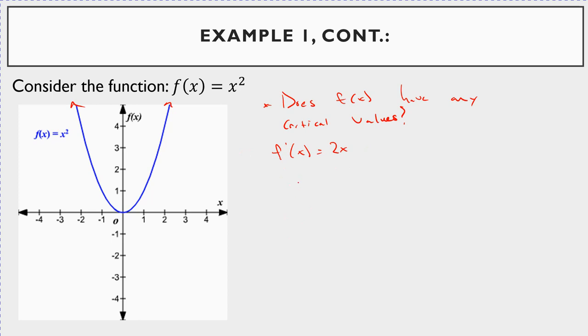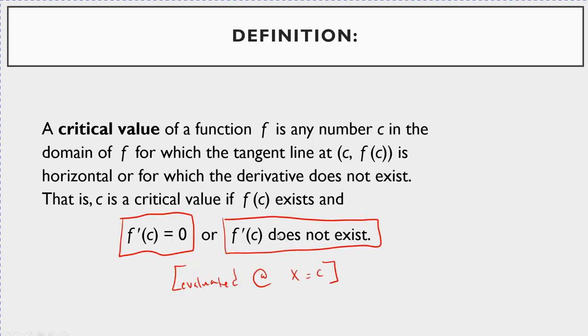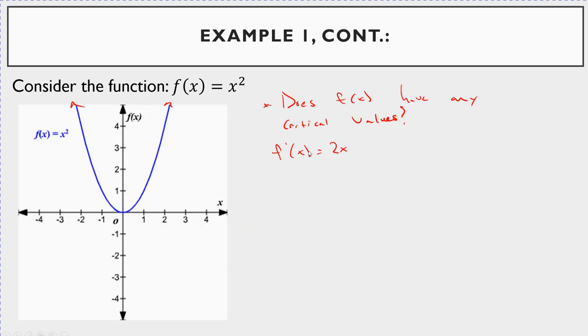Well, going back, a critical value occurs where the first derivative does not exist. So there's no values here that will make the first derivative not exist. But you can find where the first derivative is equal to 0. So what this means is we have a critical value at x is equal to 0. Okay, so we know this is now a critical value.